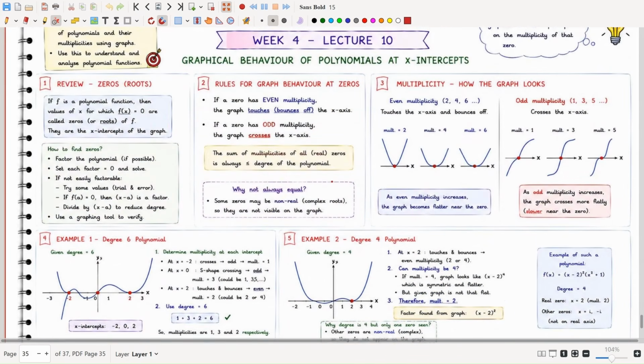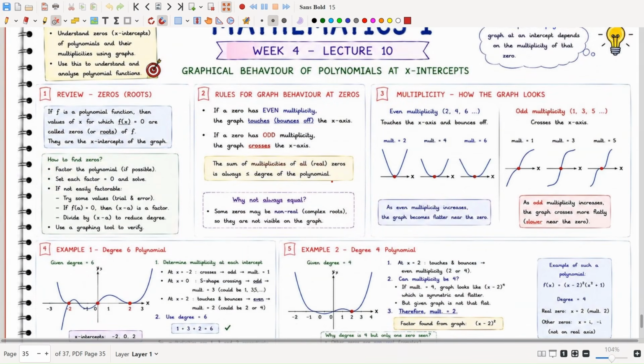This is the generic idea for the graphs of a polynomial. So let us review how to find the zeros of polynomials. You have to factorize the polynomial if possible, and set each factor equal to 0. If it is not easily factorable, you have to try some values, or you can use the formula minus b plus or minus root of b square minus 4ac, divided by 2a.